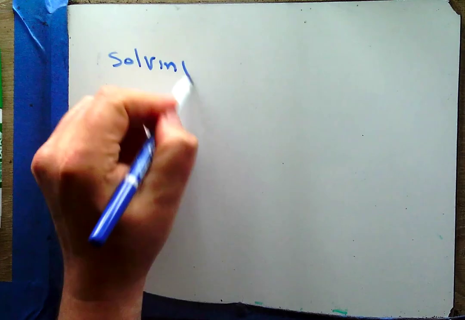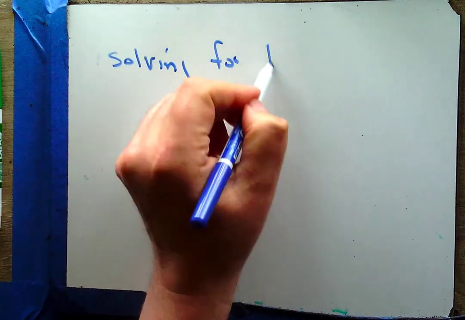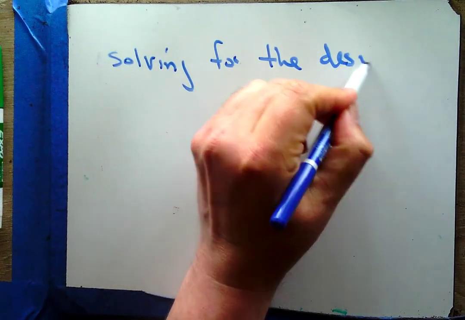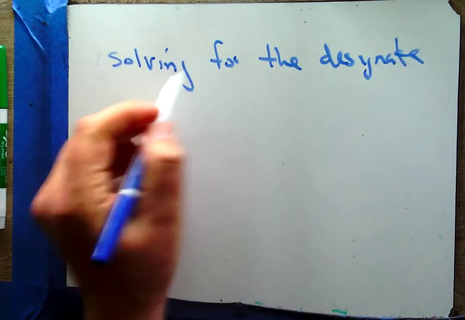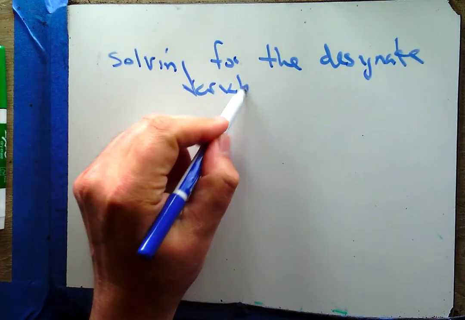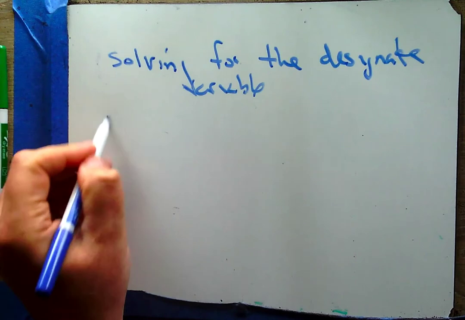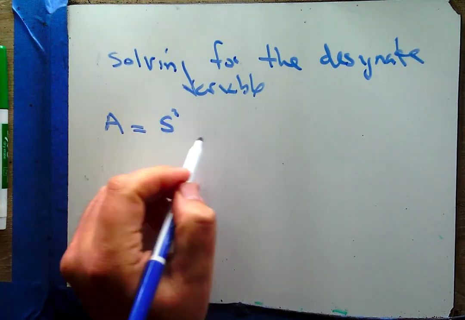Let's move on to function notation now. Actually, I want to take a step before we do that. I've noticed recently that some students are having difficulty, this comes up on the ACT a lot, solving for the designated variable. Okay, so I've got A equals s squared.